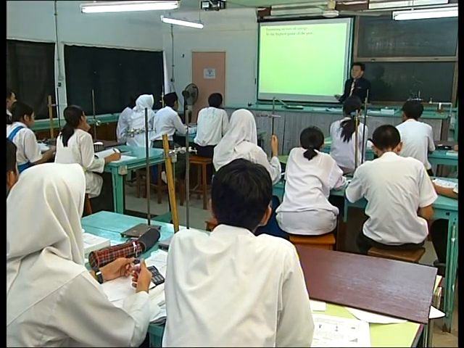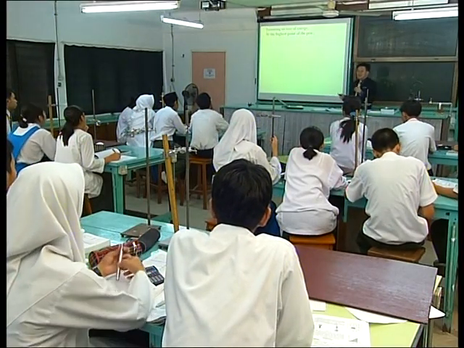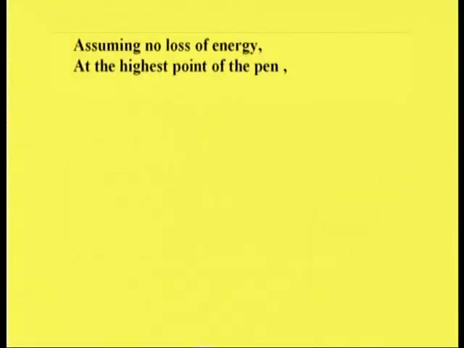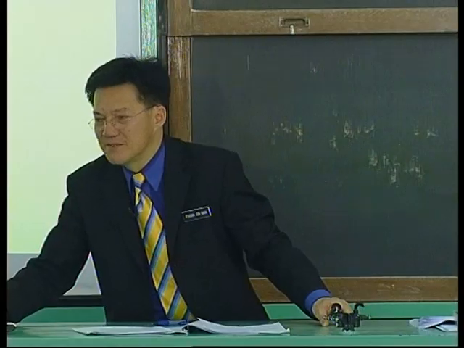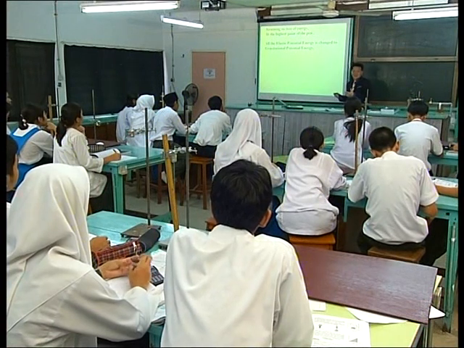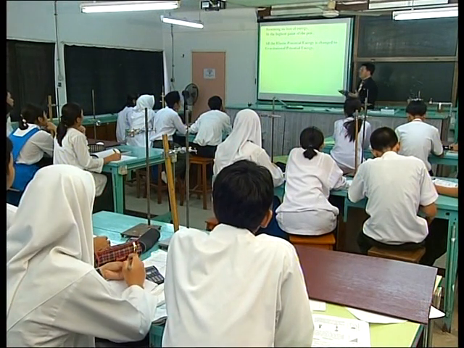Now this is a very important statement in physics. Just now I mentioned it, now I'm mentioning it again. Assuming that there is no loss of energy, when the pen has moved up to its highest point, what do we have? See, this is an important statement. And this is what we need to learn to do as young scientists, as young physicists.